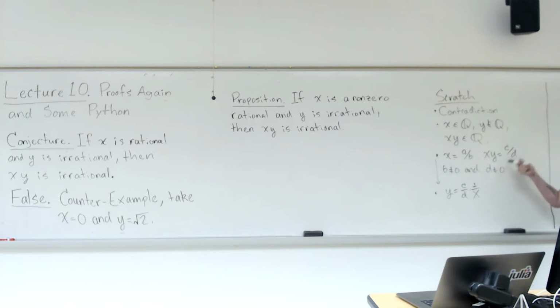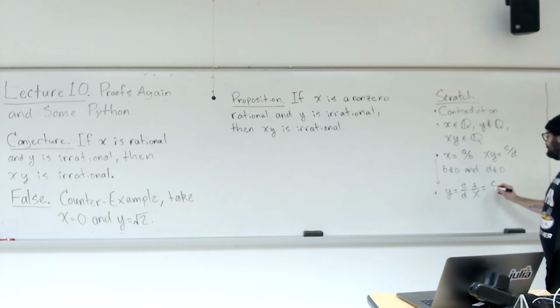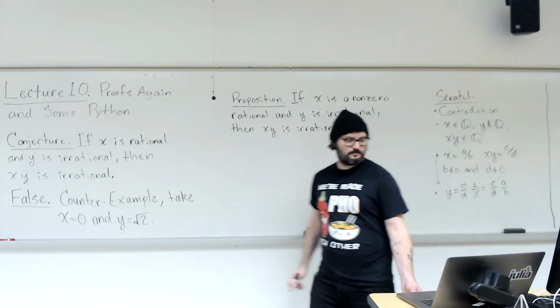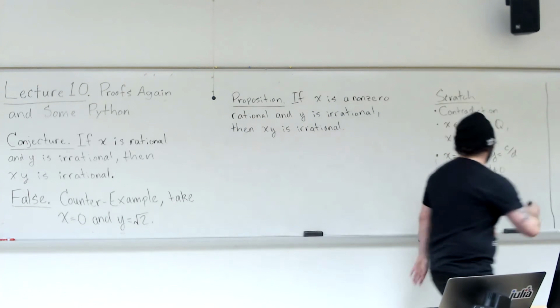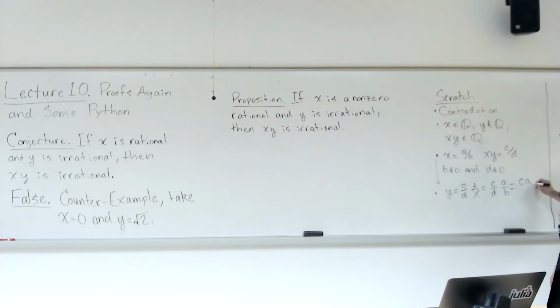Just divide both sides by x, and that's what you get. Which will be equal to c over d times a over b. Okay. So this is equal to CA over DB. Where is there a problem? Yeah. Oh, yeah. 1 over x is equal to b over a, sorry.